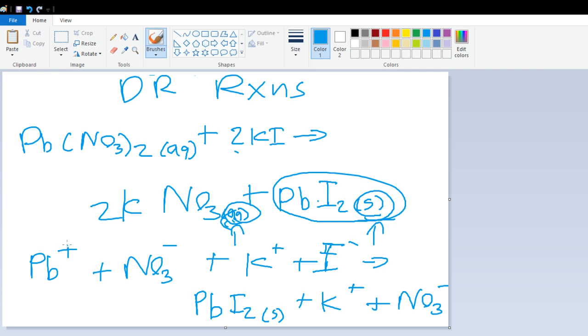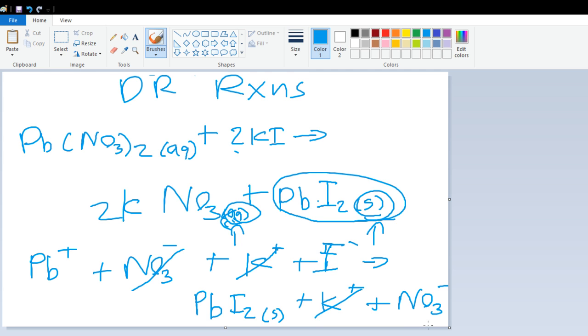And so this entire thing on the bottom is a complete ionic equation, minus the balancing, because I'm being lazy. And so a net ionic equation would be if you took out the spectator ions, the ones that are just still floating around in the solution.